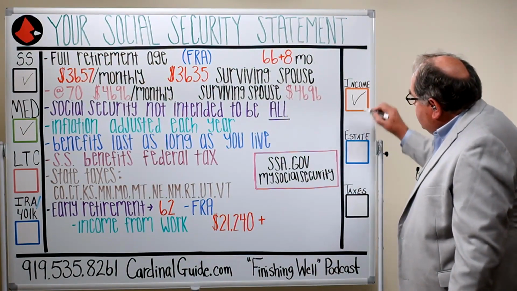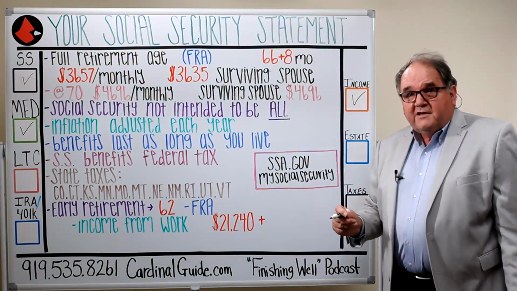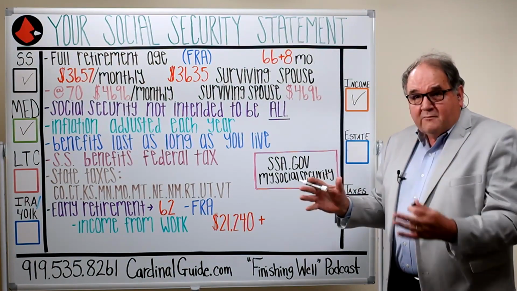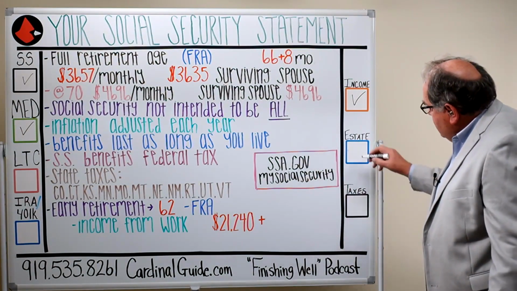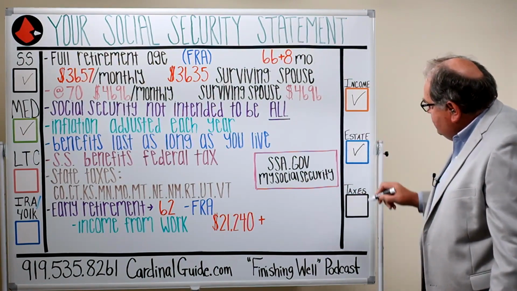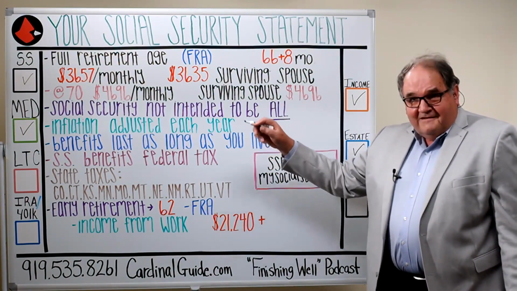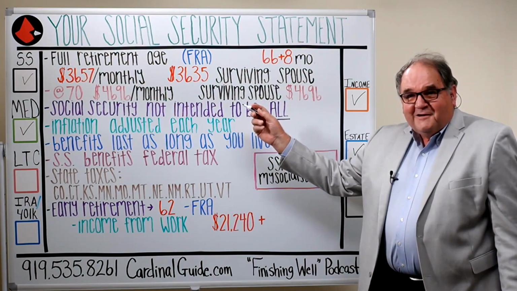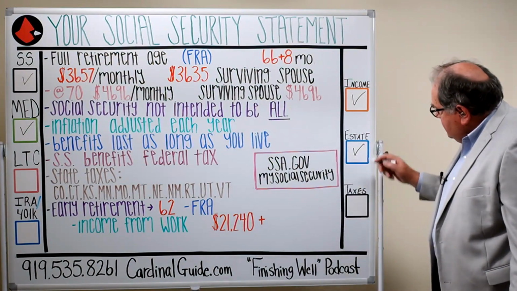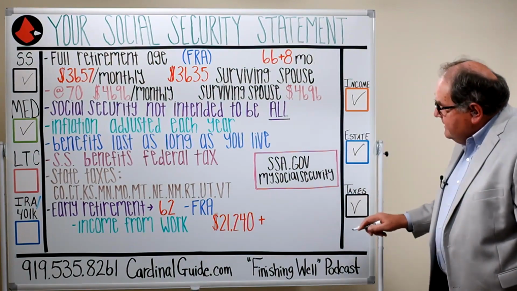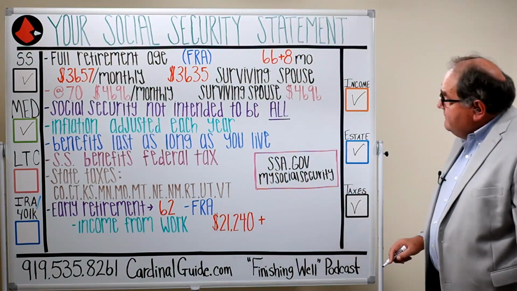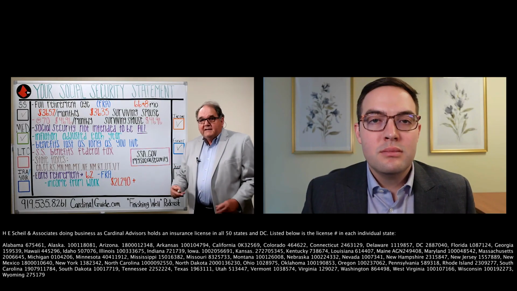We did go over income, because Social Security is the base retirement income. We didn't talk about estate planning, other than the fact that the surviving spouse lives on that larger Social Security check, so we talked about it a little bit. And then taxes, that's this whole section. We covered that.